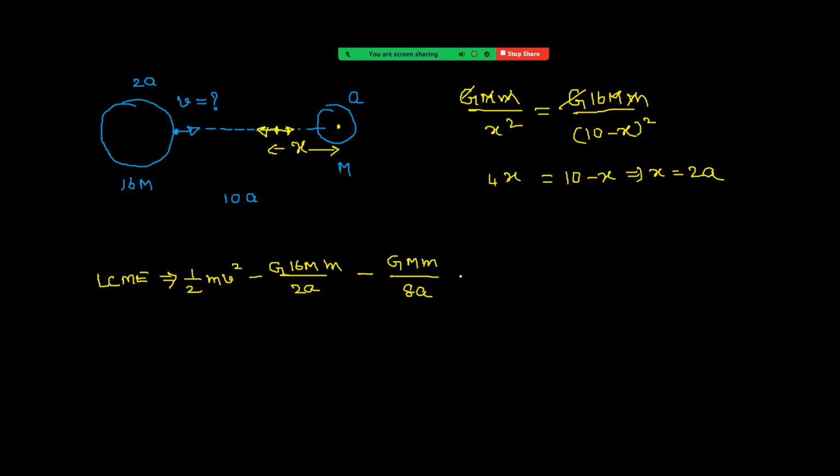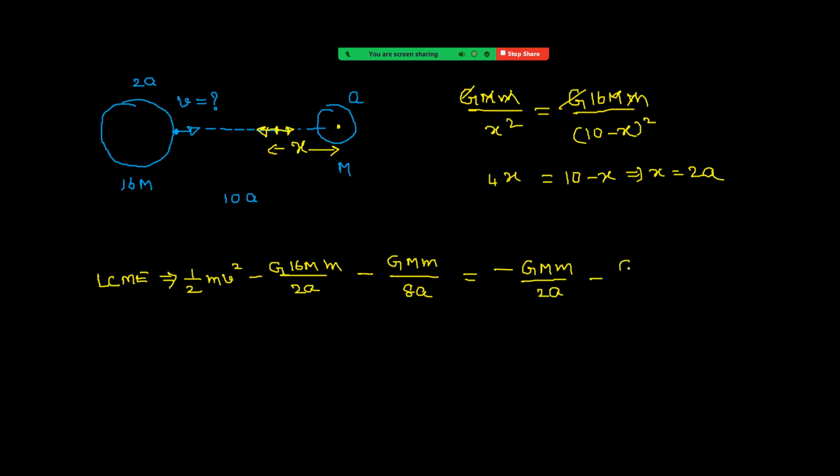That is equal to, on reaching this point, only potential energy, because we are providing minimum speed. So no speed means on reaching this point its velocity becomes zero, just crossing this point. Therefore only potential energy: minus G, because of the smaller one, M m by separation equal to 2A from center.